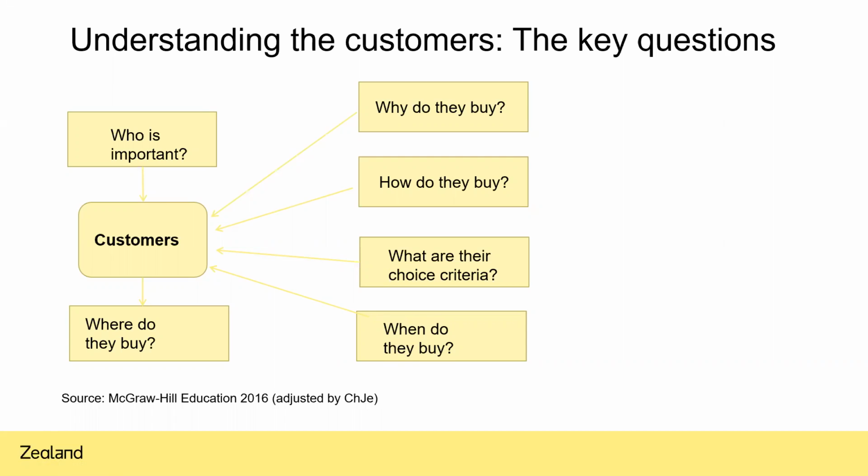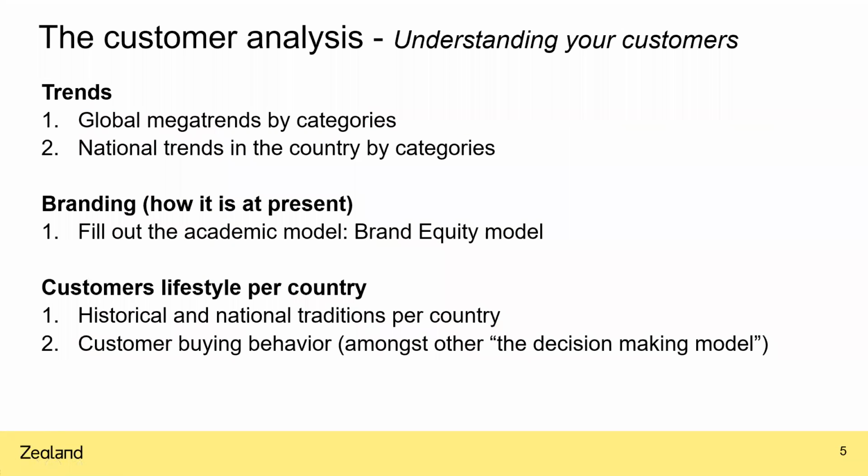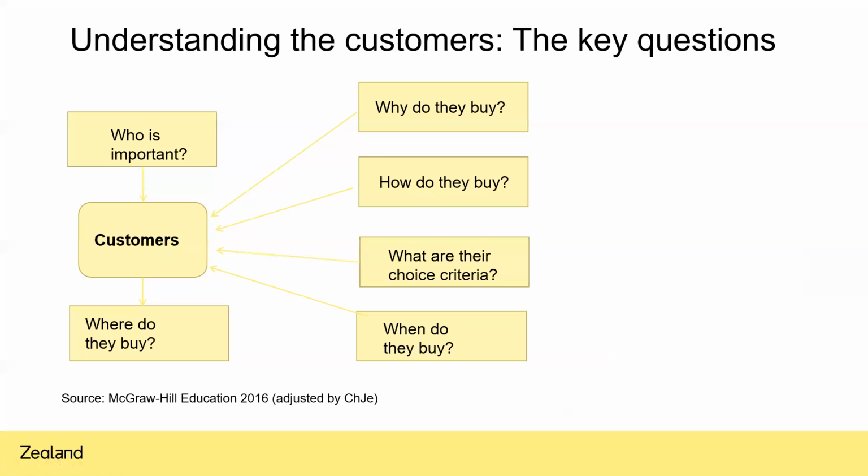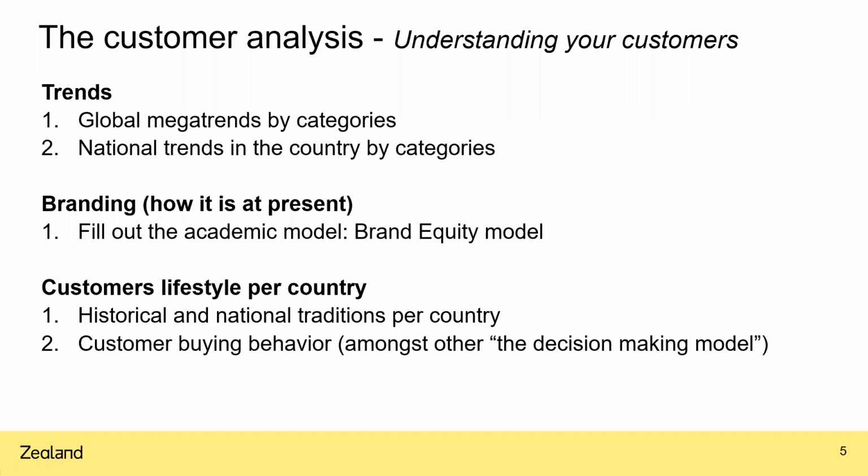And also, where do they buy? Which kind of sales channels do they actually use when they are buying the products? I narrowed these questions down to these 3 headlines. So you have, let's see, 3 headlines and 5 questions actually to come up with answers to.